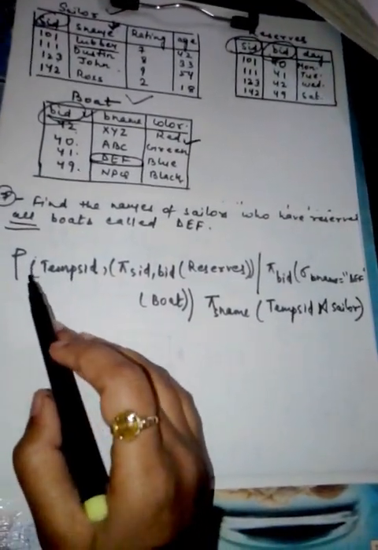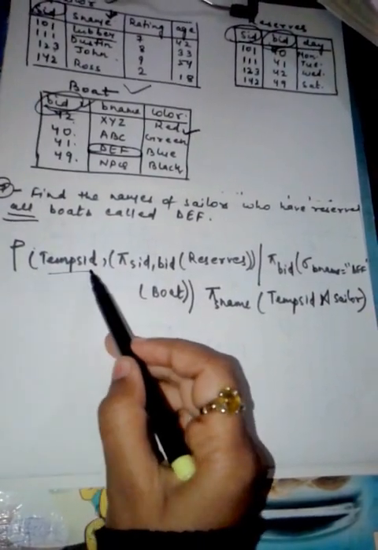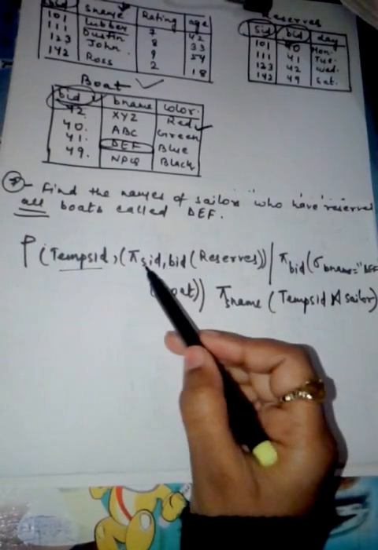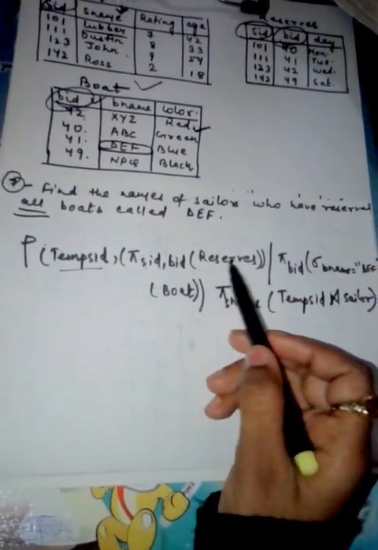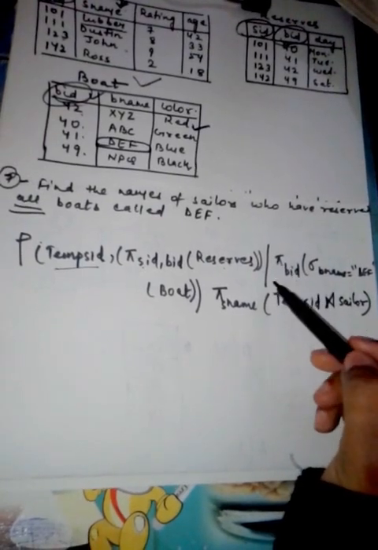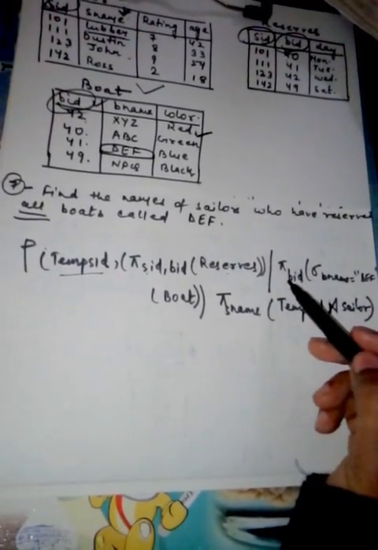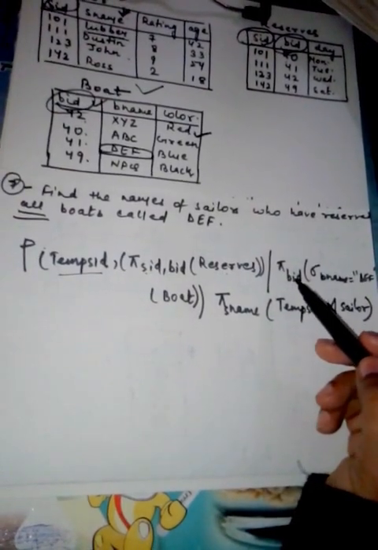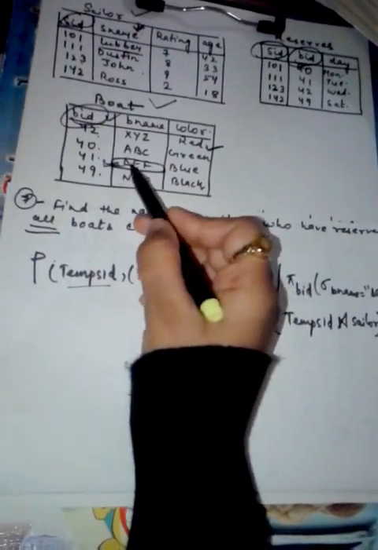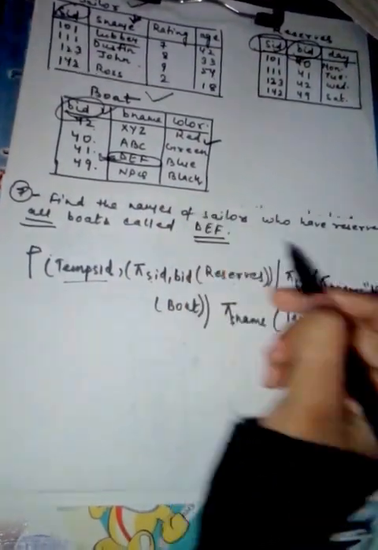So here we again use the rename operation, and we name it temp seller ID, and it will project seller ID and boat ID from the reserve table. We perform a division operation which projects boat ID by selecting the boat name. Here DEF is the boat name.